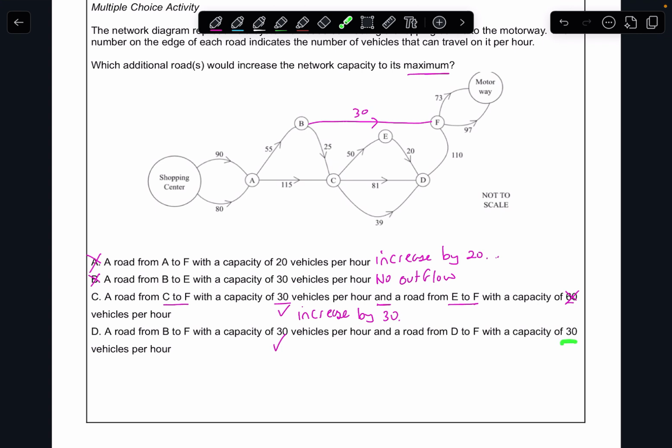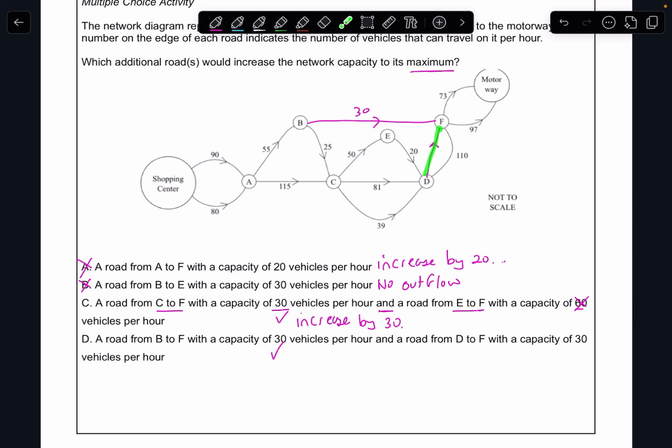And then this one here, D to F with a capacity of 30. So let's look at that D to F. So that's going to be here. So if we have a look, this one's skipping from here. So this one has, remember that's 20. So we've got 140 coming in, only 110 coming out. So we'll definitely take that extra 30 there. So if we go 20, 81 and 39, that gives us the extra that we can have going through here.